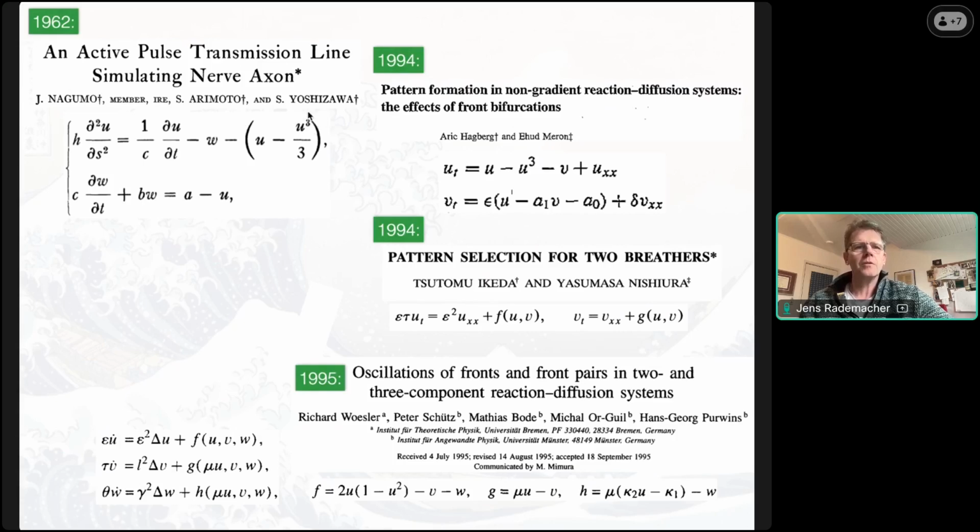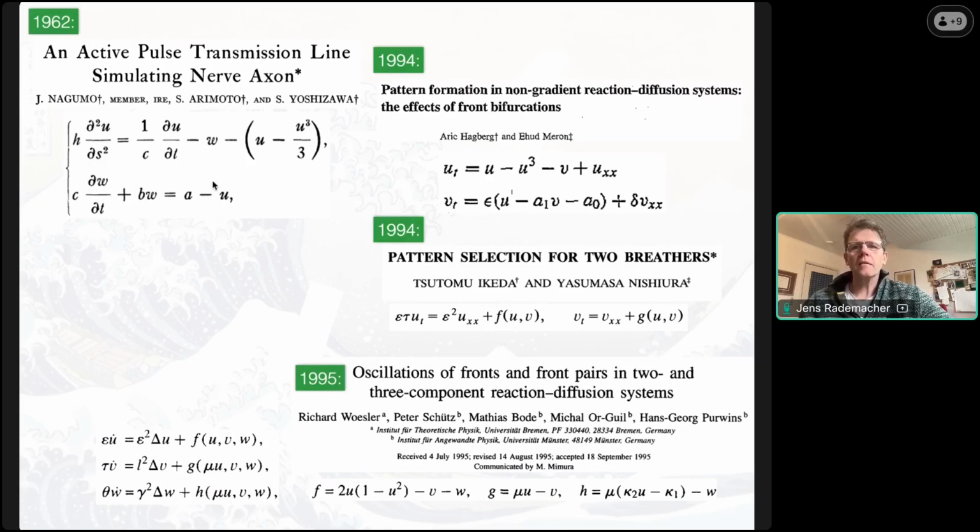The only nonlinear term is this U cube here, and everything else is linear. So the coupling to this second component W is linear, and the second component W solves a linear ODE actually in this case only. There's also the so-called doubly diffusive version of this, where there's also a diffusion in the second equation. The way that this is written is a bit funny because this diffusion is here, right? So this is the second order derivative on the left in this form.